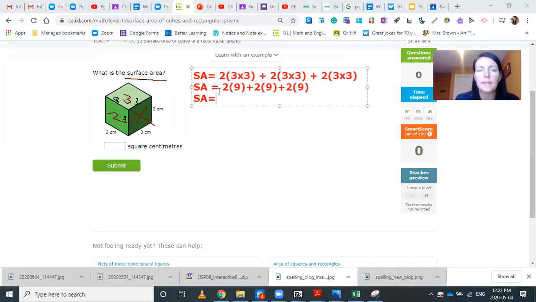Remember, when it's in a bracket like this, this also means times. 2 times by 9 is 18, another 2 by 9 is 18, and a third 2 by 9 is 18. And what is 18 times by 3? Surface area of this guy is 54, and we're working with centimeters, and because it's area, it's squared.